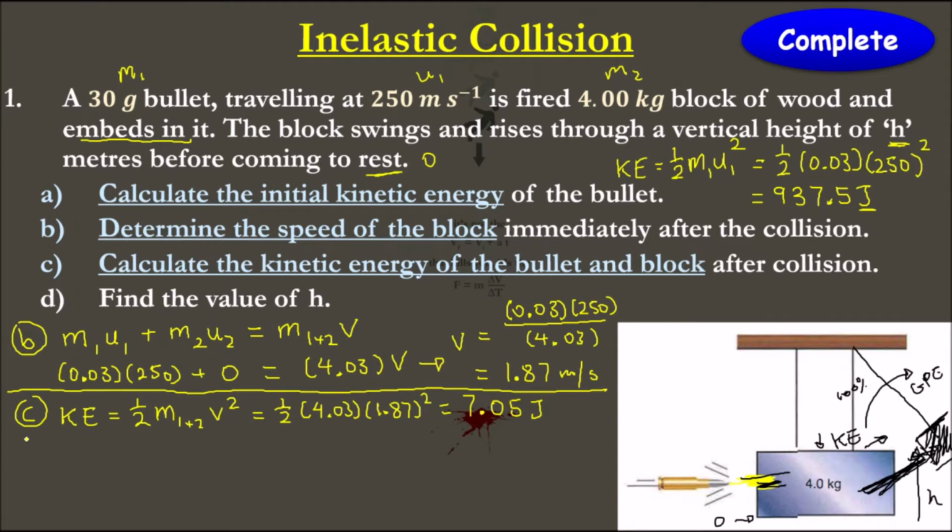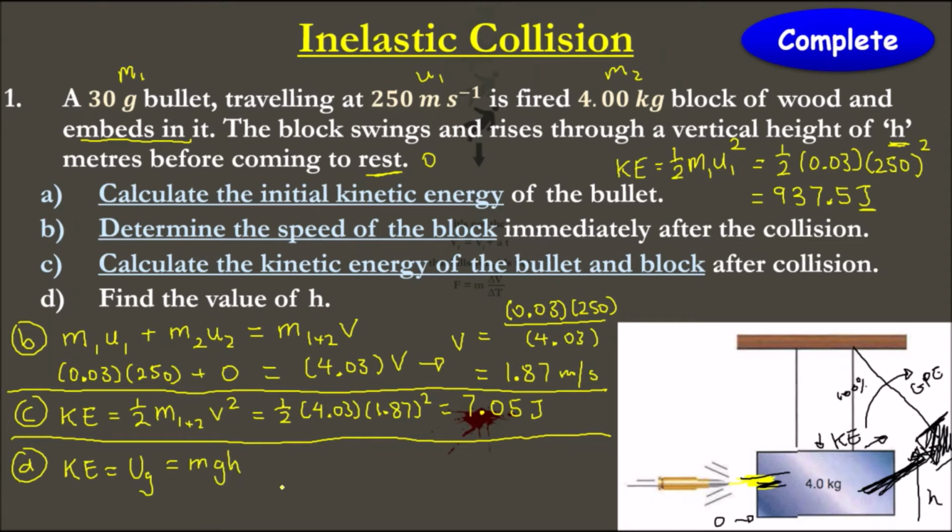And obviously, as we said before, the reason why we know that's the case is because of the law of conservation of energy. So for D, we know that kinetic energy in this case will equal the gravitational potential energy. Now the gravitational potential is mgh.